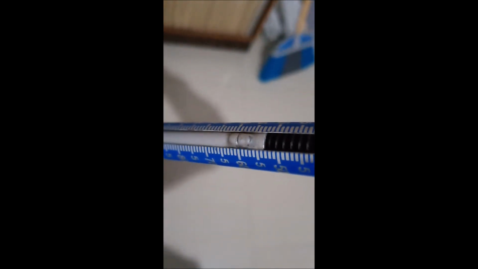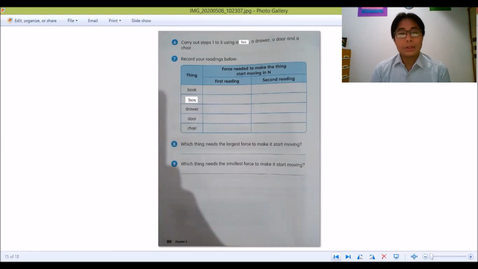Okay, so let's do it for the second time. So here the reading is 6 Newton. Okay, 6 Newton. Okay, so that's it.